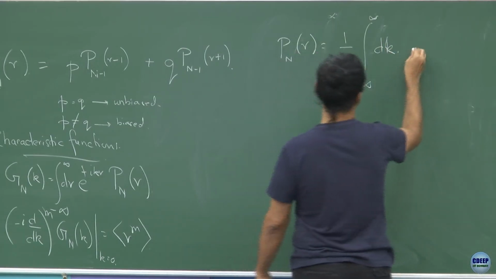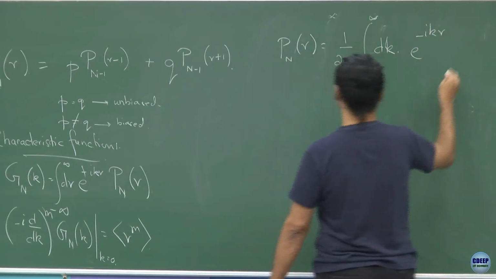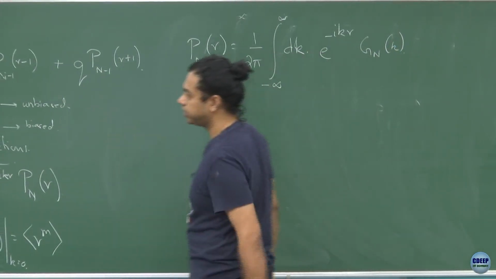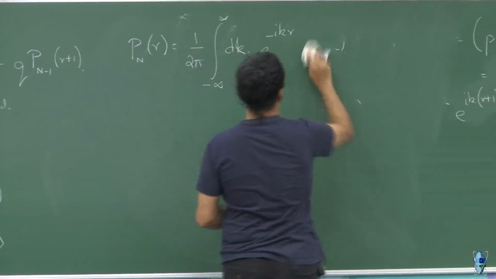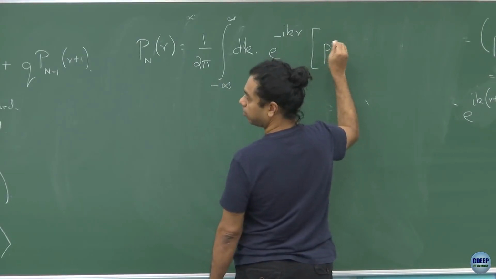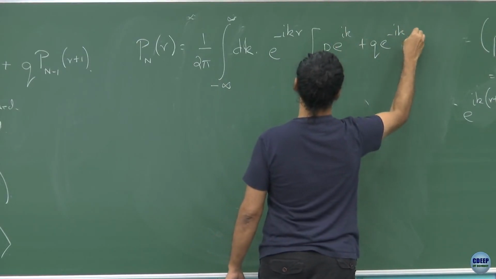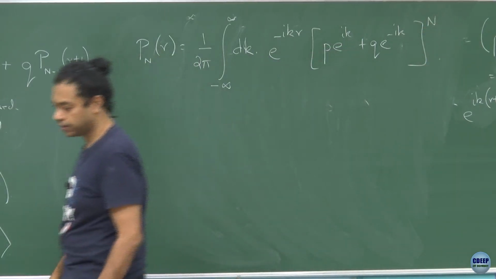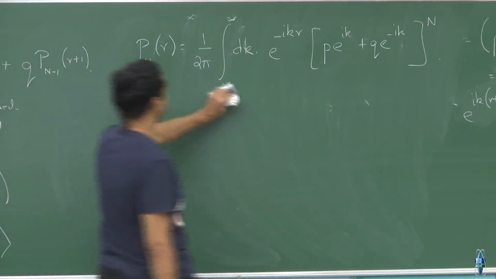I use e to the power of plus then, so I use e to the power of minus here, e to the power of minus ikr, Gn of k, which is nothing but u of k to the power of n. So this is (p e to the power of ik plus q e to the power of minus ik) whole to the power of n, right.